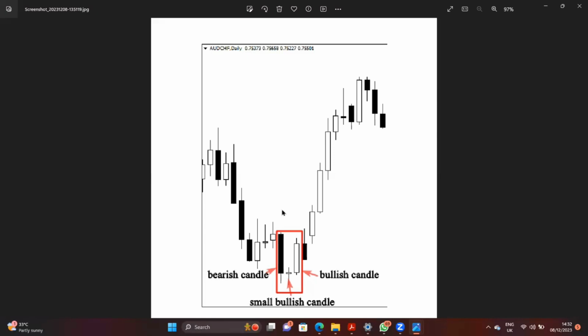But here, the doji candle indicates that sellers are struggling to push price lower. But what happened? Buyers took control from sellers, and the market is likely to reverse.